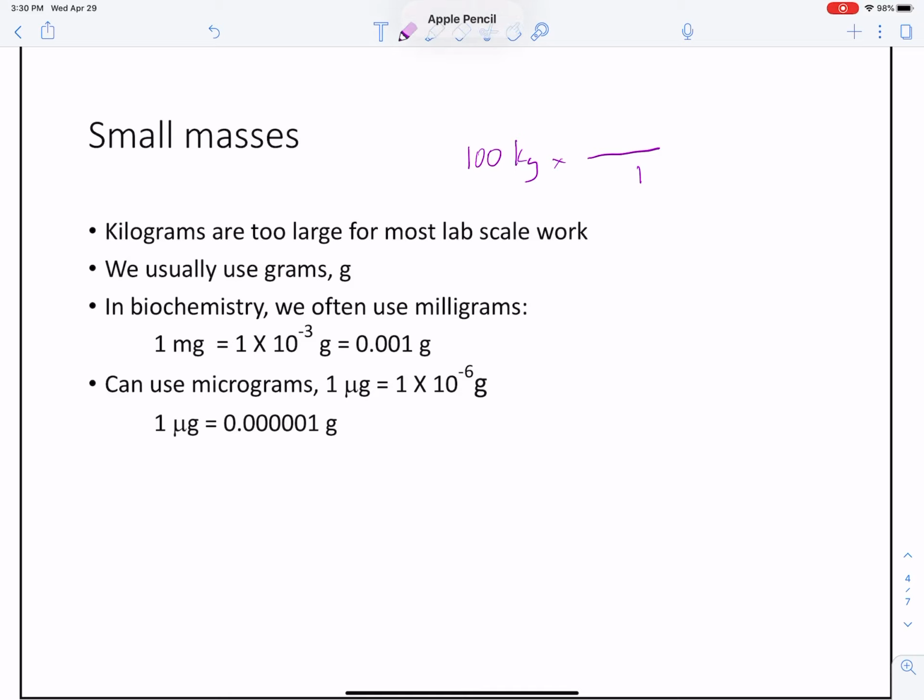So how do we get rid of these kilograms? We put kilograms right here, and we put grams up here. So now the kilograms are going to go away, and we know that by definition, kilo means 1,000, whatever the unit is, so it's 1,000 grams.